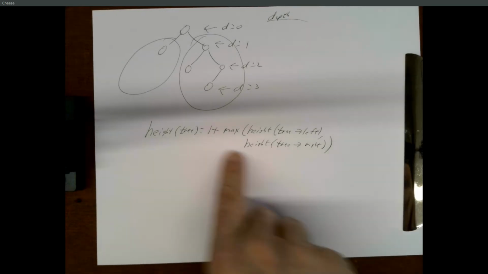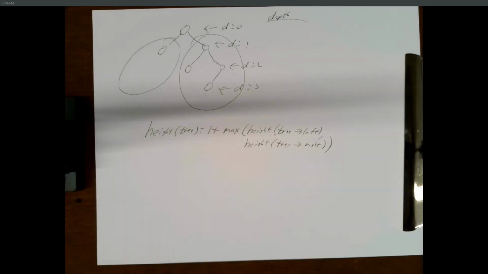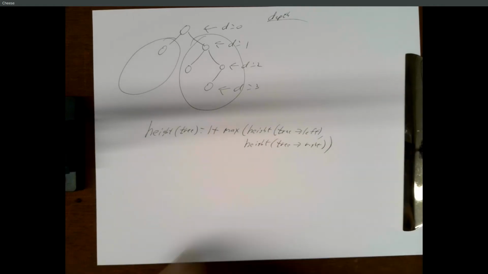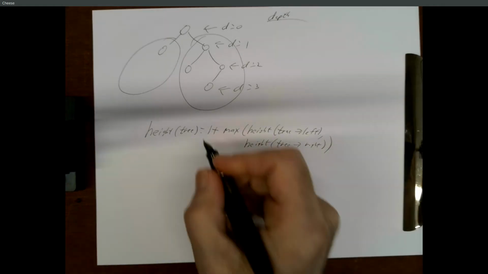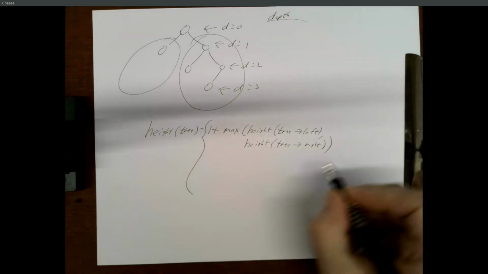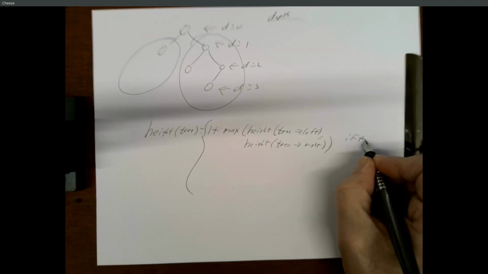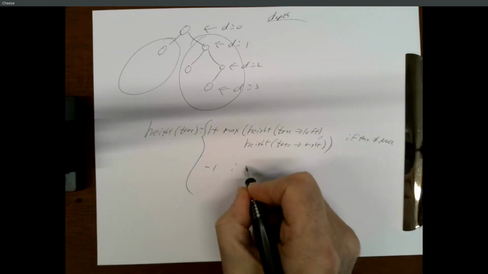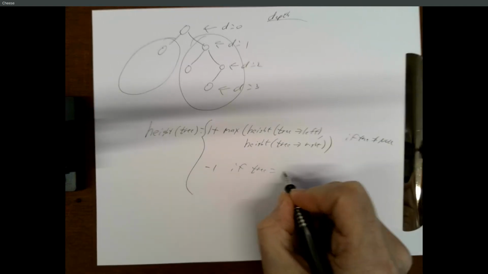If we just do this, we're going to keep trying to find the height of subtrees and subtrees, but eventually tree will be null, and when we look for the left subtree, we'll segfault. So it's this: if tree is not null. It's -1 if tree is null.